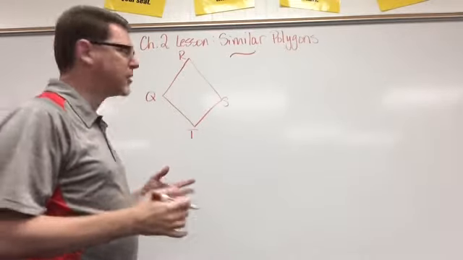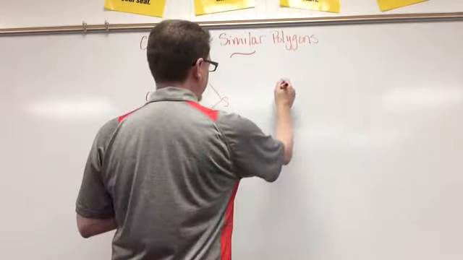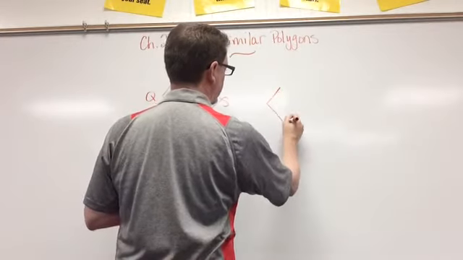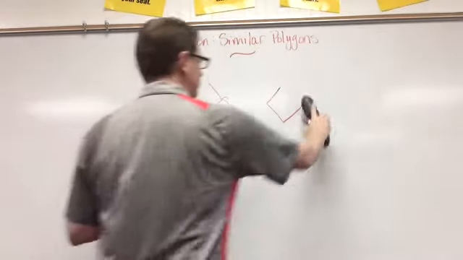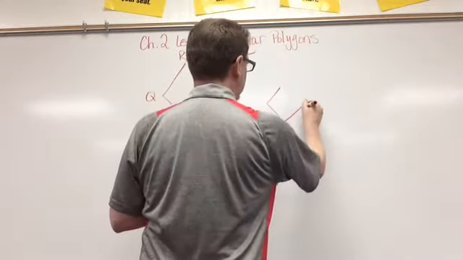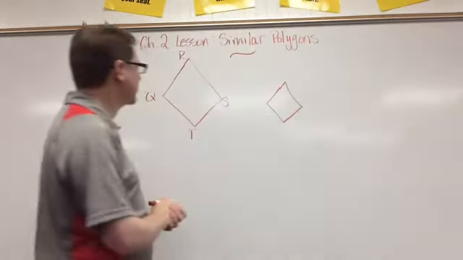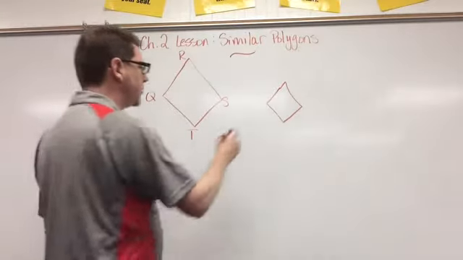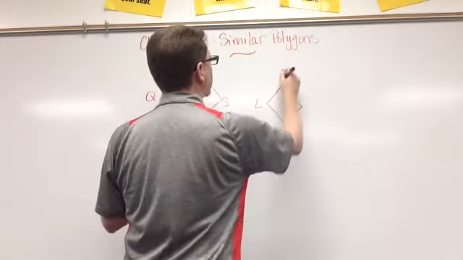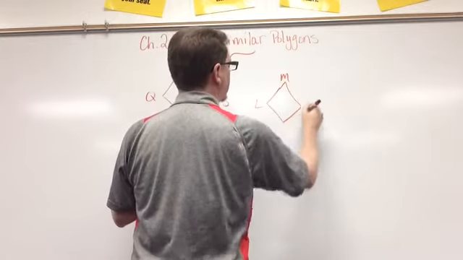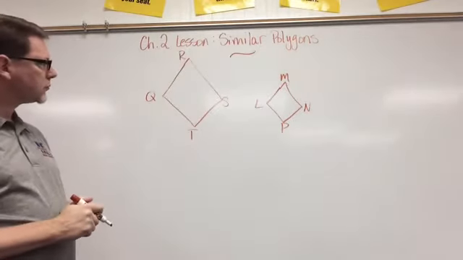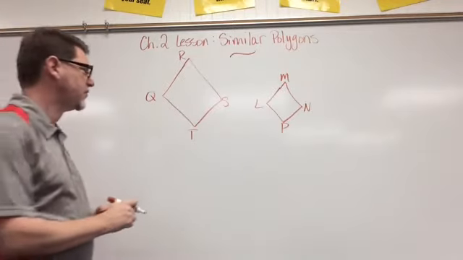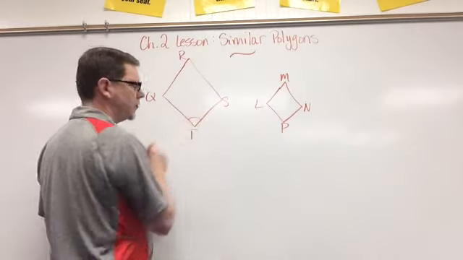And now I'm going to draw a smaller diamond over here. Something like that. And this one is going to be L, M, N, P. And I'm going to put a one rainbow.